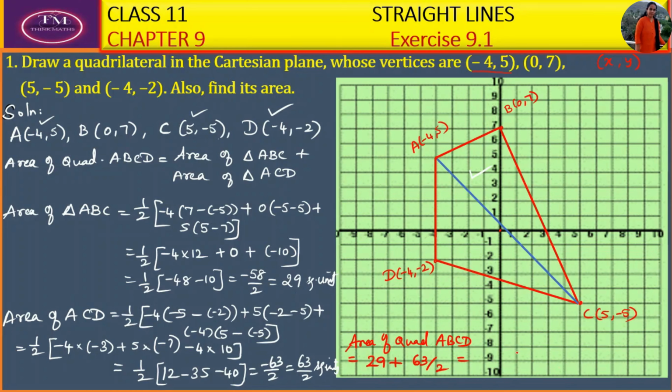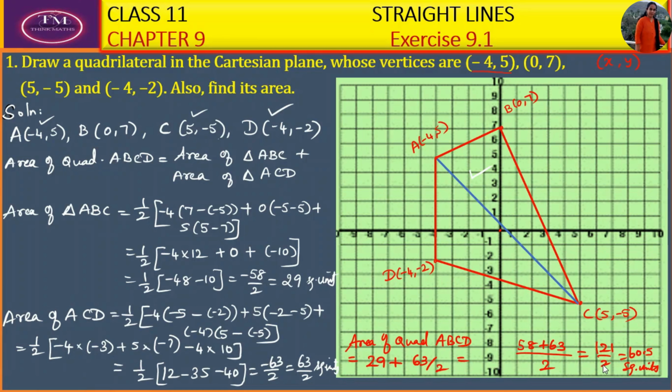If you take 2 as LCM, we will get 58 plus 63. Okay, what is 58 plus 63? It is 121 by 2, which is equal to 60.5 square units. Okay, so the area of the quadrilateral ABCD is 60.5 square units.